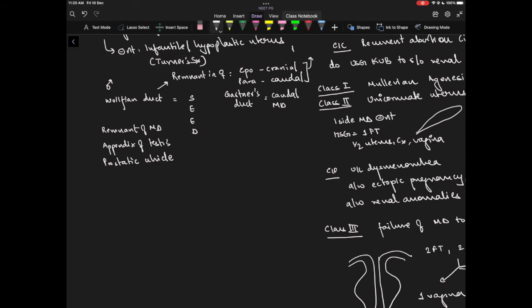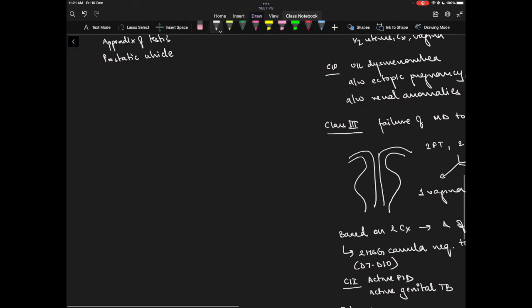So epo and para are formed by mesonephric tubules and Gartner's duct by the mesonephric duct. The epoophoron lies in the medial part of the broad ligament, while the paraoophoron lies in the lateral part of the broad ligament. This completes the internal development.